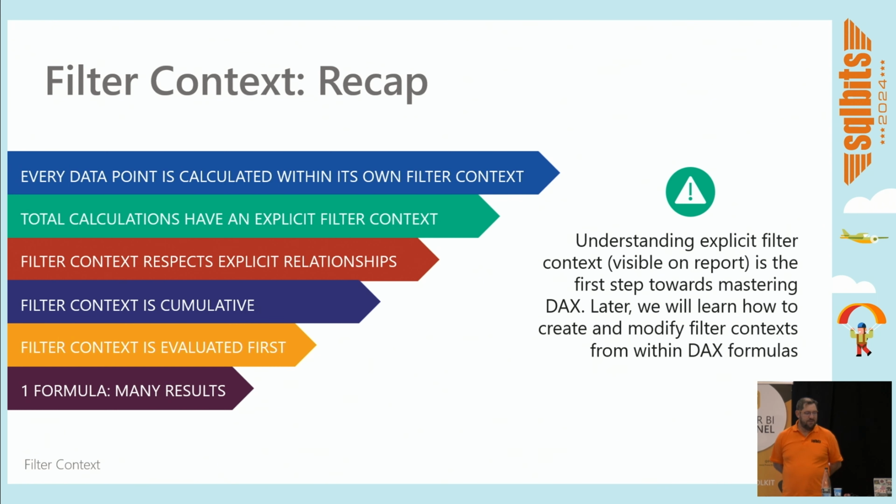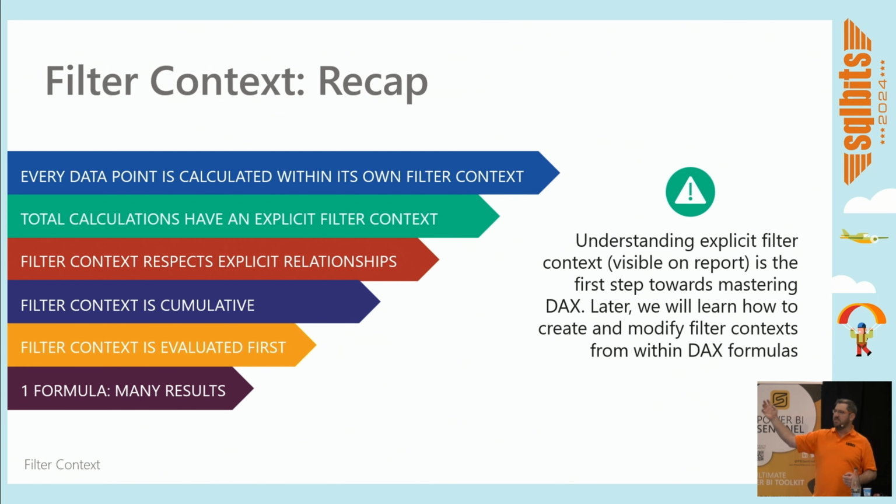Understanding explicit filter context is the first step towards mastering DAX. I say that because whenever you have a problem in DAX, the first thing you do, and I don't know if any of you have ever watched Marco's advanced videos or any of his videos, one of the things he loves to do is draw a circle and say, what is the filter context?